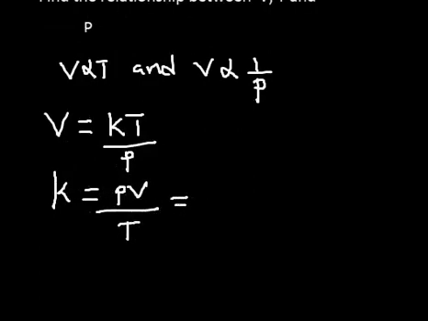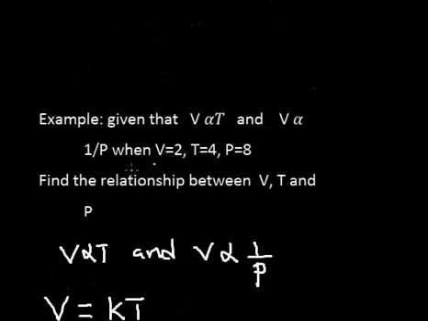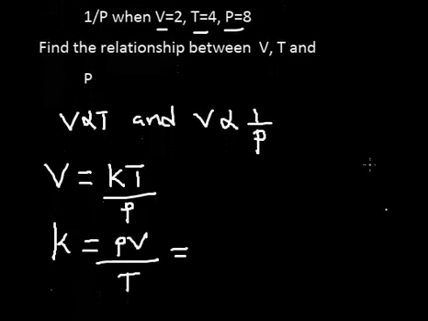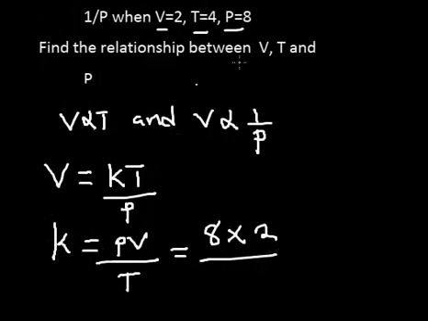We are given the initial values, so let's put them into the expression: when v is equal to 2, t is equal to 4, p is equal to 8. So I'm having 16 all over 4, and 16 divided by 4 is 4.